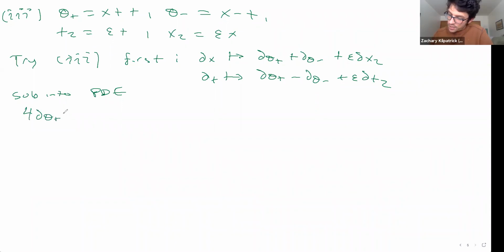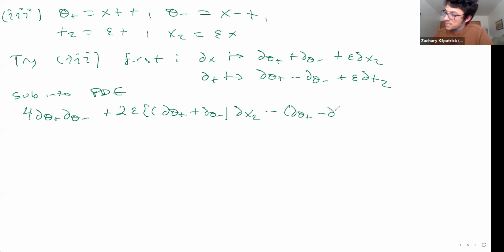4 d theta plus d theta minus. Okay, that's what we get from dx squared minus dt squared. Now for the order epsilon terms, though, we get 2 epsilon d theta plus d theta minus dx2 minus d theta plus minus d theta minus dt2 plus order epsilon squared terms.